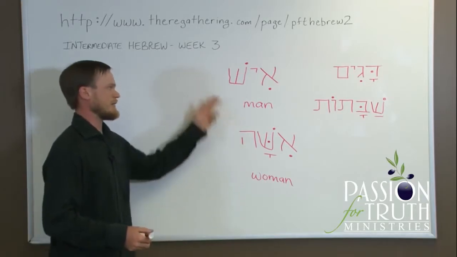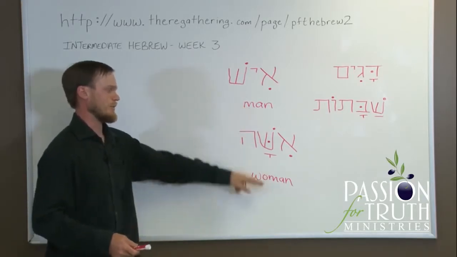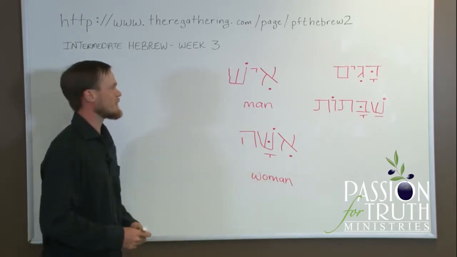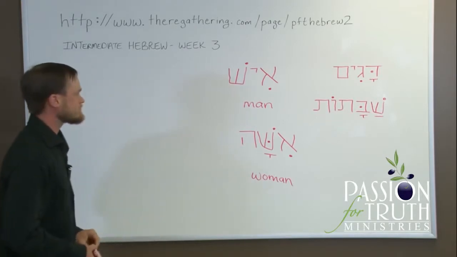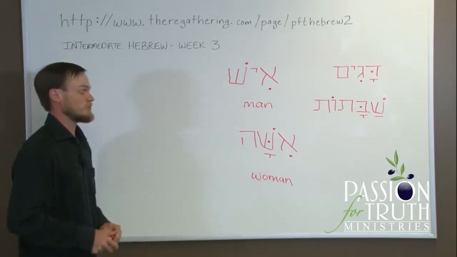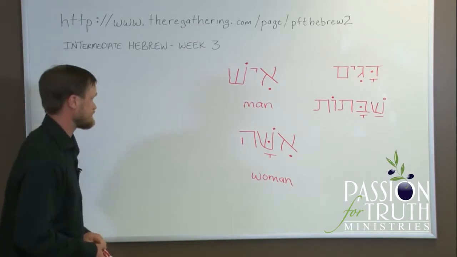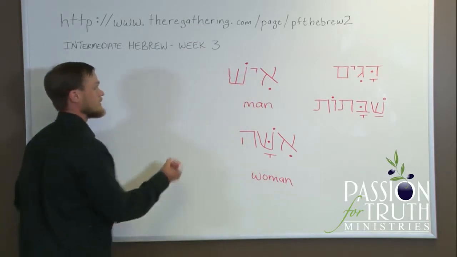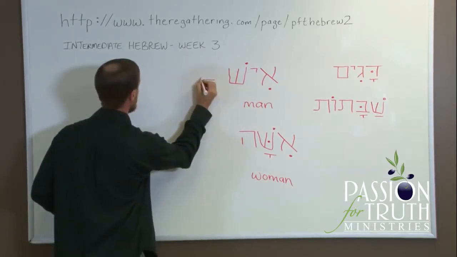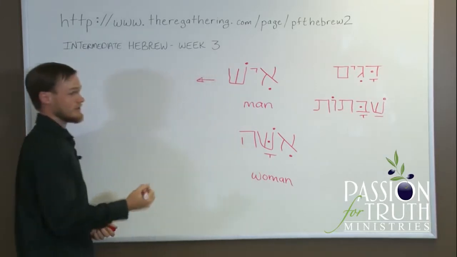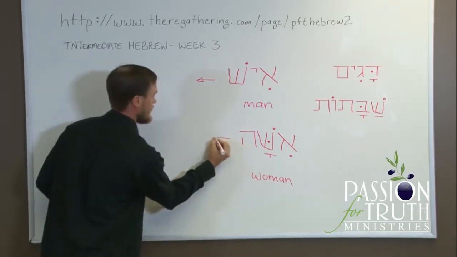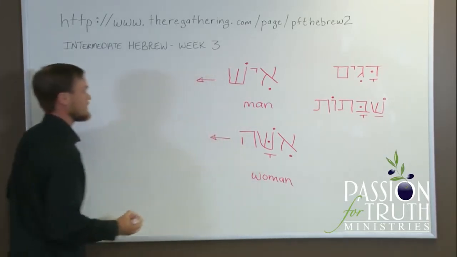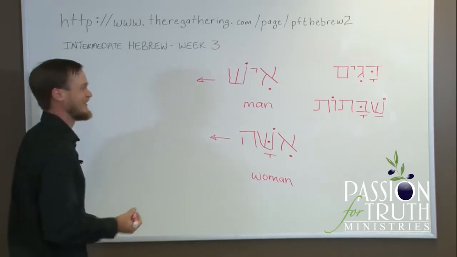Actually, we have the same kind of linguistic parity in the terms man and woman. But these words both have irregular plurals. And again, since they are irregular, it's nothing you could predict. There's no rule that says this is going to happen this way. These are just things that, well, you just have to know.